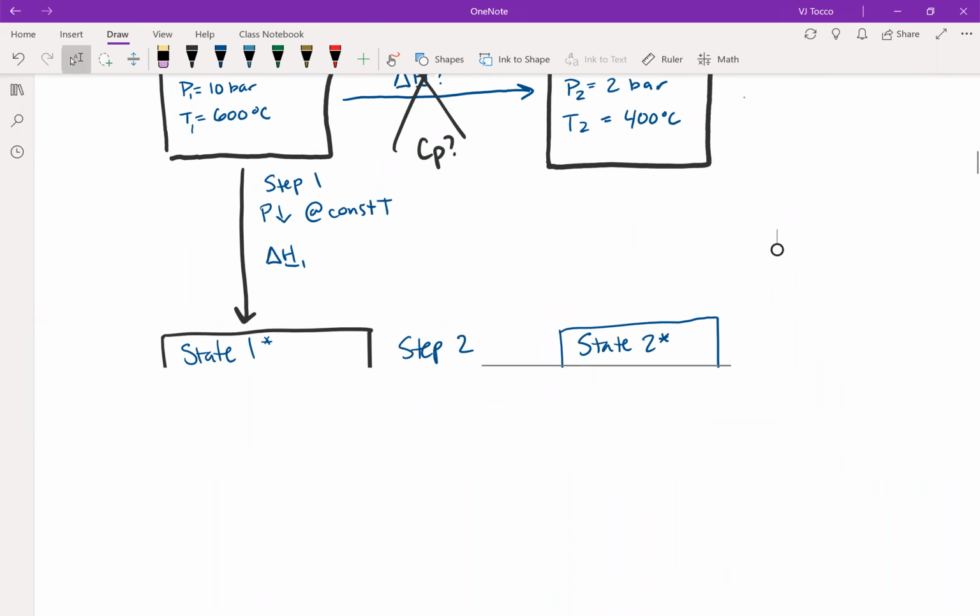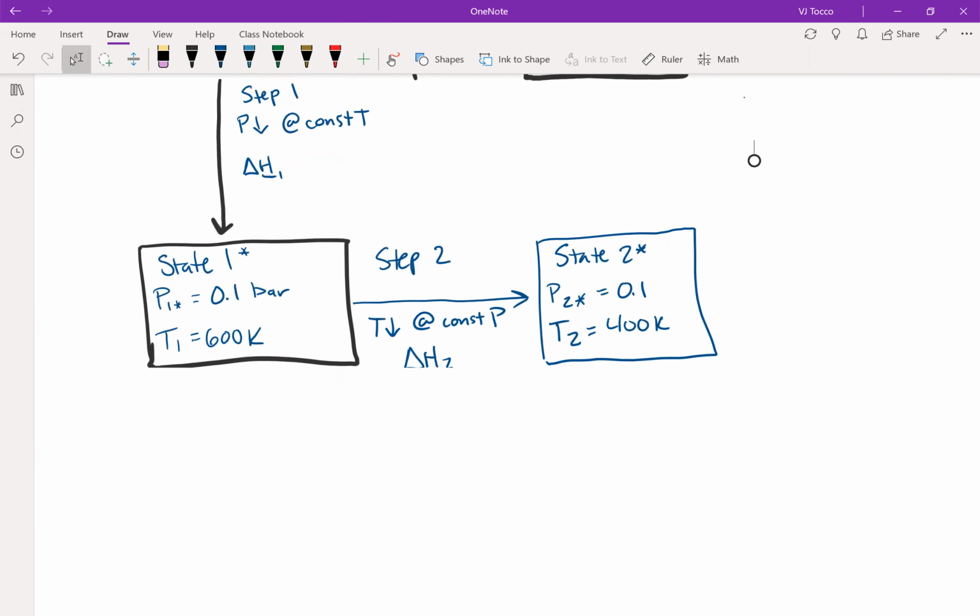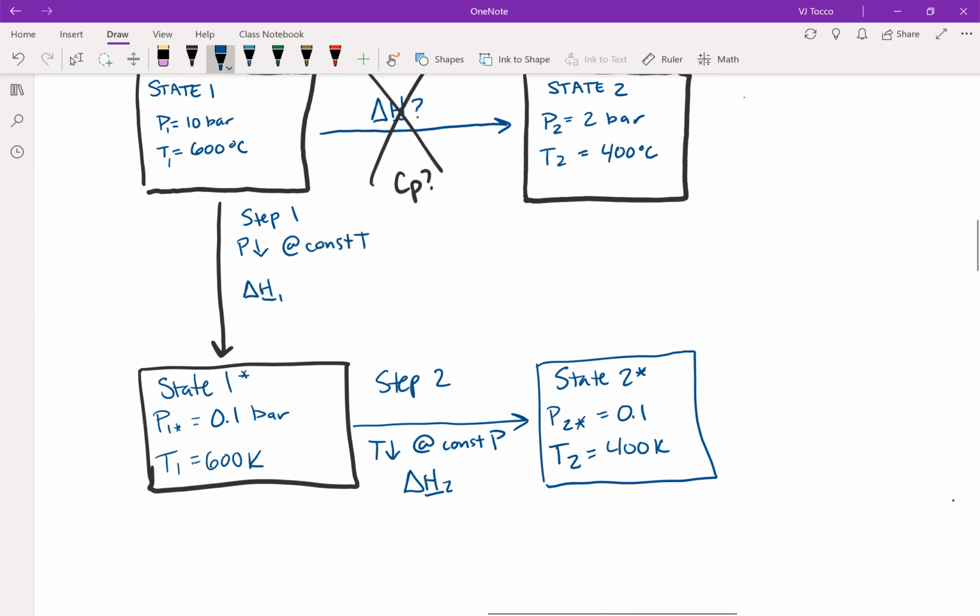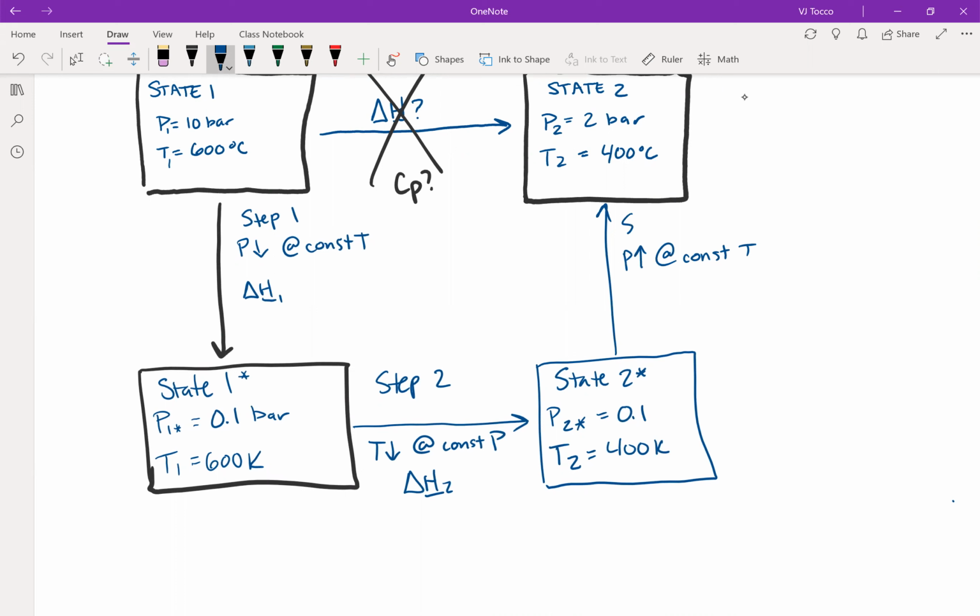Now I'm going to have one last step where I go from state 2 star back up to state 2. So this is an increase in pressure at constant T. And in step 3, it's just going to be the reverse of step 1. So I'm going to be able to calculate what delta H3 for that process is.